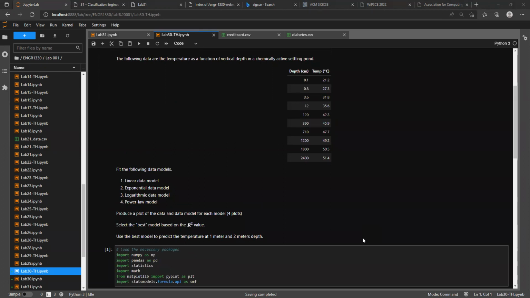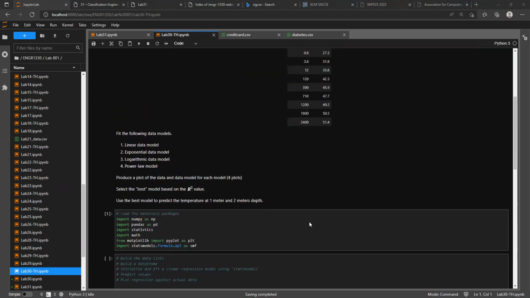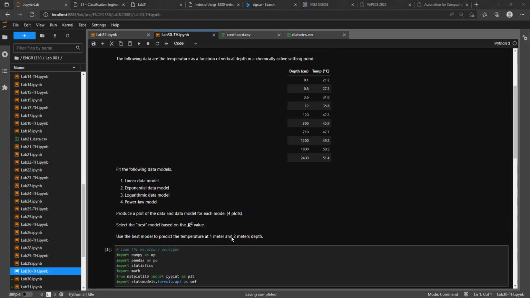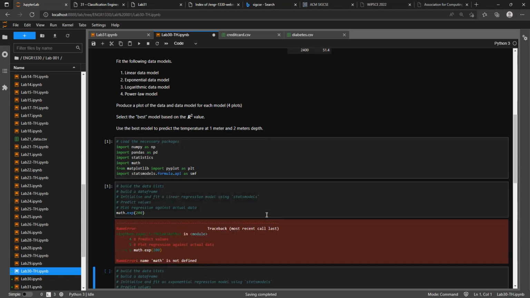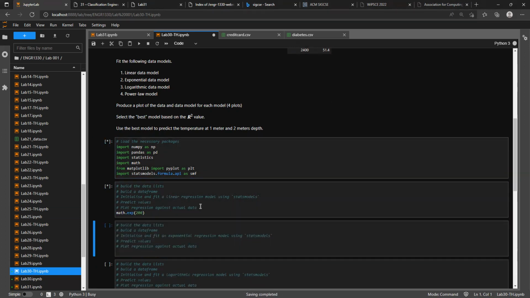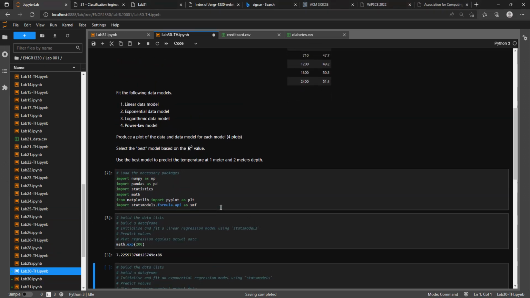Is it working for everything below that, or does it just not work? Well, you only have to figure out 1 and 2 meters. So as long as it works up to 200, you should be fine. So e to the 200. Yeah, that should be fine. I don't know. Let's see how high we can go.